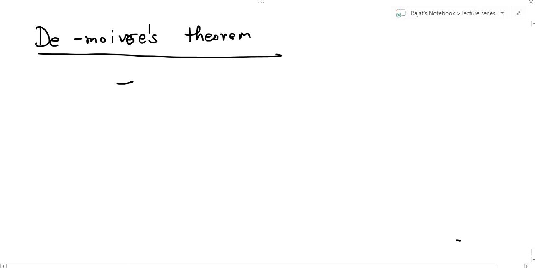So let me take an example. Suppose there's a complex number z, r cos theta plus i sin theta. If I ask you what will be z to the power n, and n is not a simple small integer.